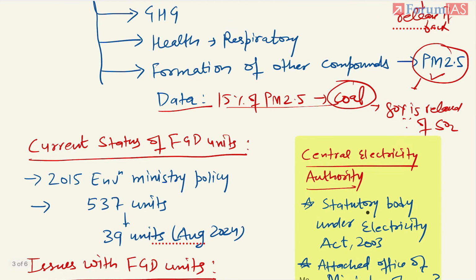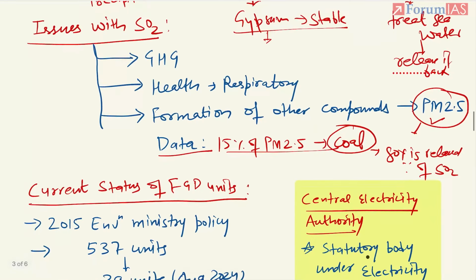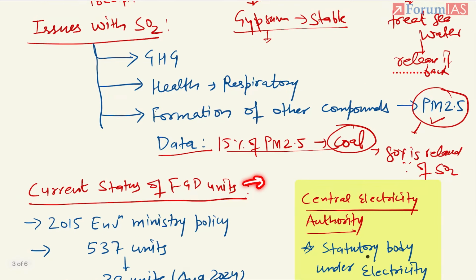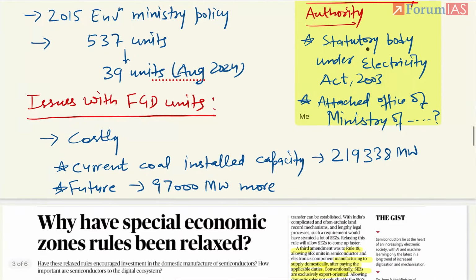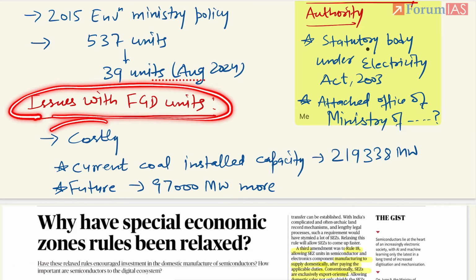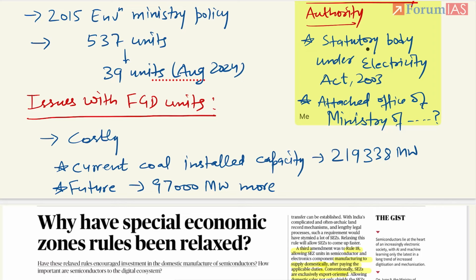But the question comes, if flue gas desulfurization units are so important for environment protection, then why has a government-appointed body or committee recommended doing away with them? The issue with FGD units is they are very costly. How much cost? 1.2 crore per megawatt. Let us see how much it is.